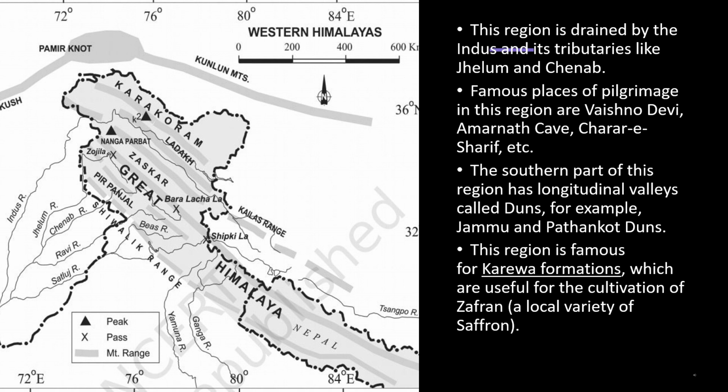Famous places of pilgrimage in this region are Vaishno Devi, Amarnath Cave, Charar-e-Sharif, etc. The southern part of this region has longitudinal valleys called duns, for example, Jammu and Pathankot Duns. This region is famous for Karewa formations, which are useful for the cultivation of saffron.